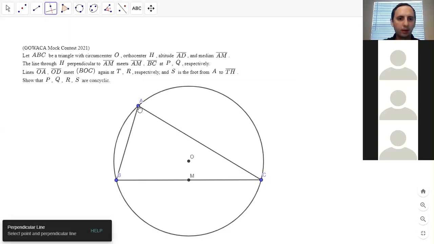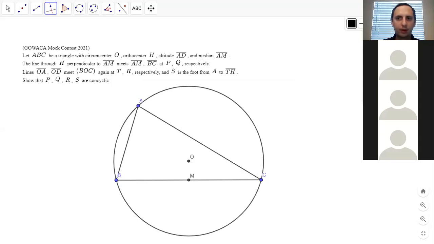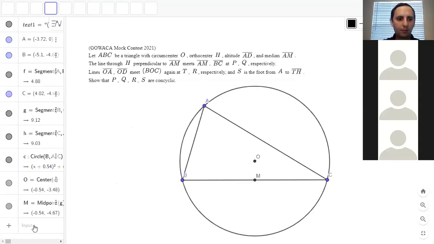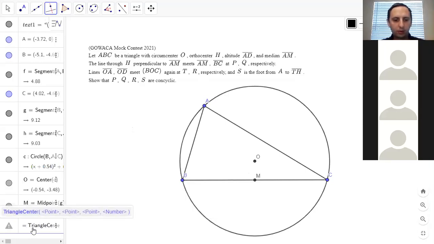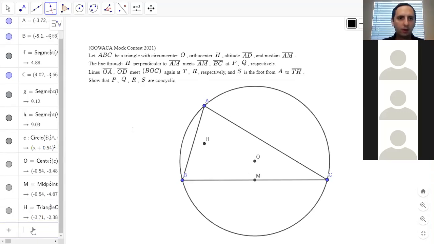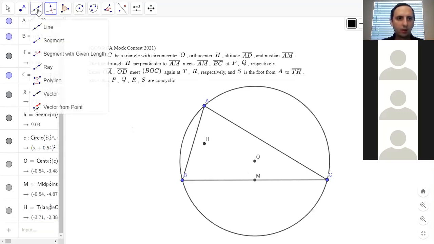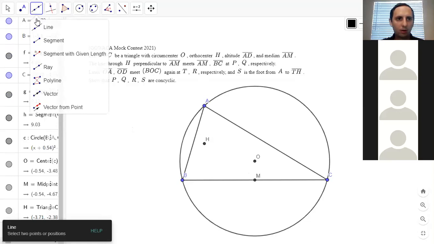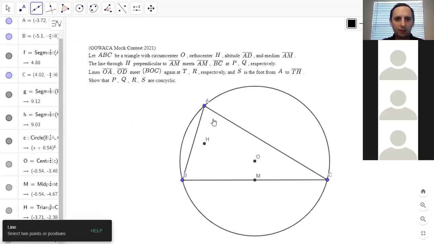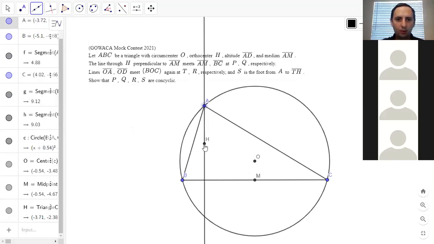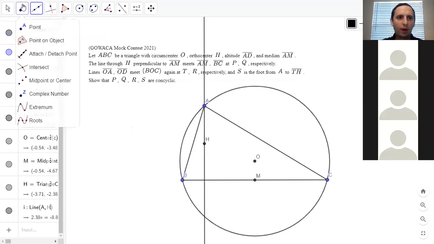And actually, let me draw the orthocenter first, because I could use that. So H is the orthocenter, so that's triangle center 4. And then I will draw the altitude AB. So we know AH is twice OM.